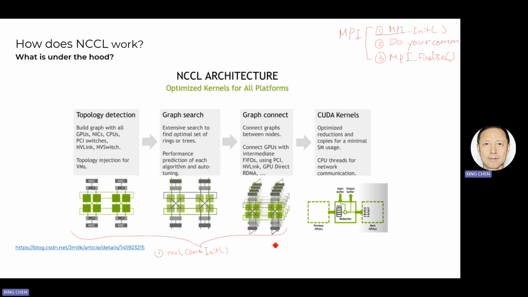You need to build up this communication structure, and then the second step is that you do your communication, which is the same as the MPI library. And then at the end, there should be another one, which is called NCCL finalization, something like this. You need to destroy the communication structure you have built up.